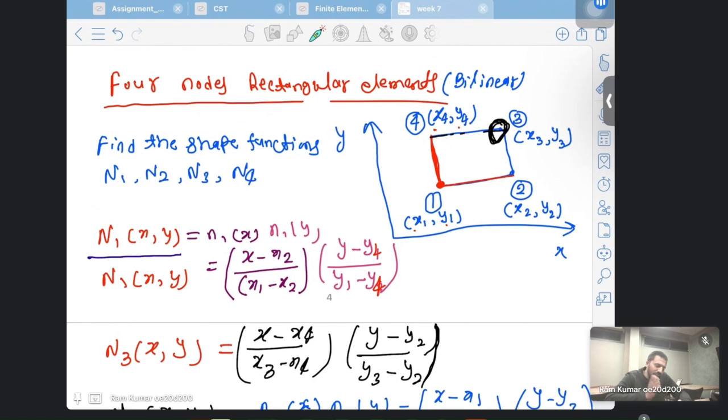How can we find the shape functions n1, n2, n3? At node 1, we see it is connected with node 2, and also with node 4.